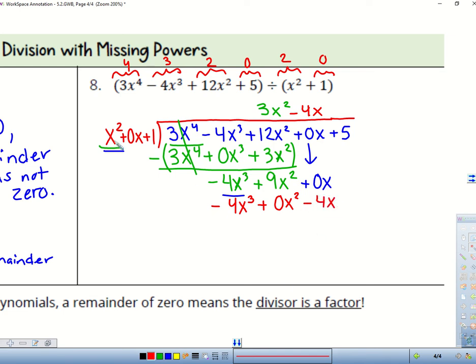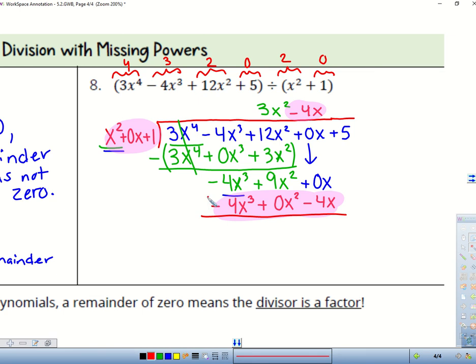You with me so far? Yes. I just multiplied this and this to get this. I just double check my work every step, because if you make a mistake, it's easier to take the time to check it than to go back and try to find it.